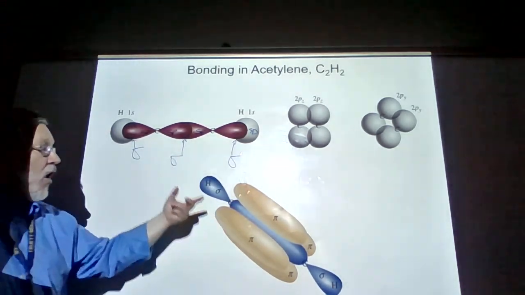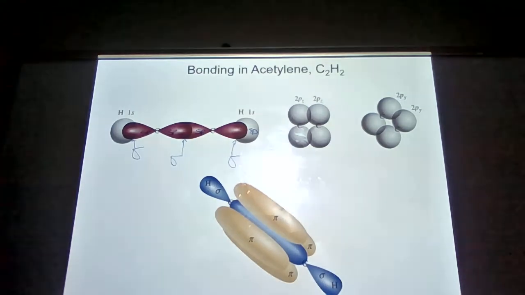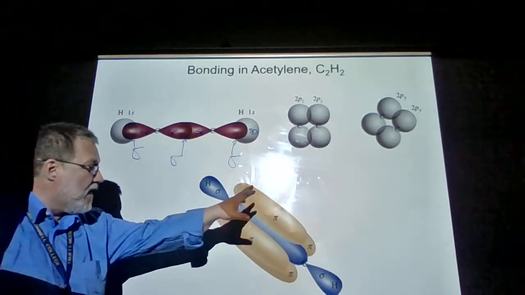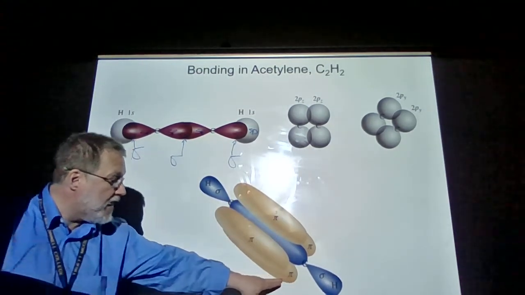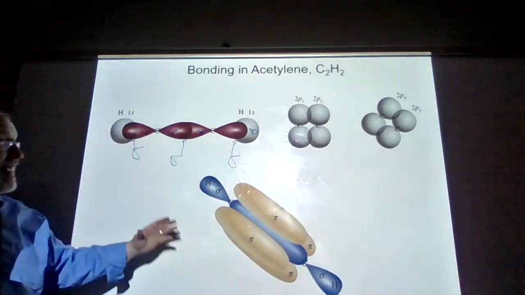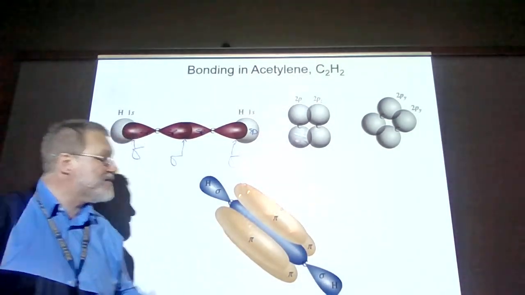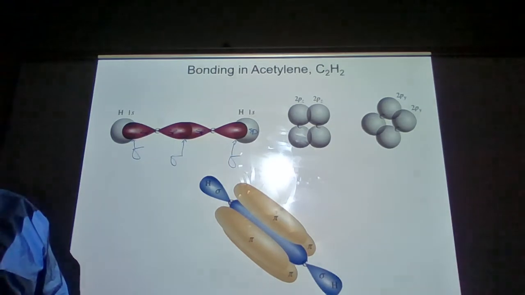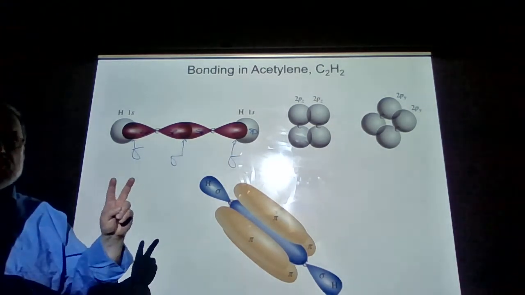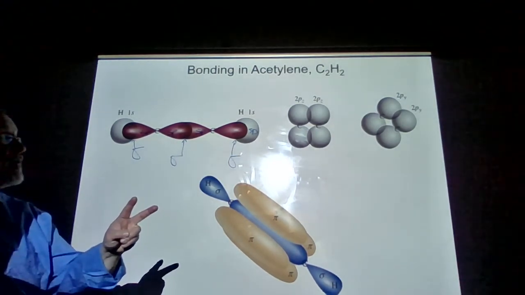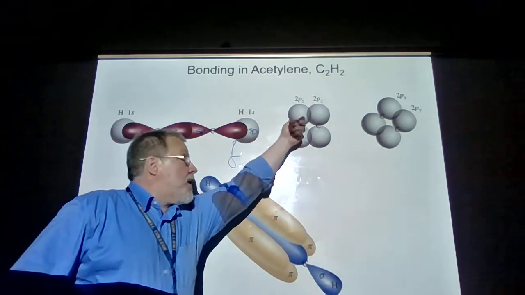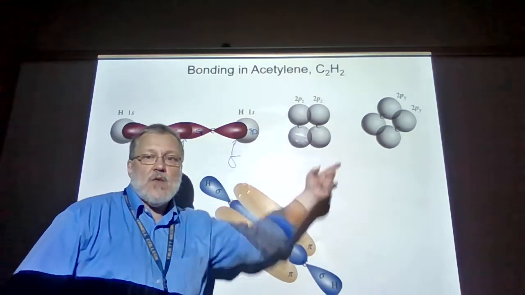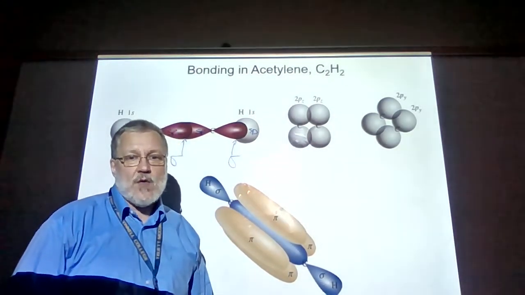When we bring in all the remaining unhybridized orbitals that exist above and below and in front and back, we can see that they have this side-to-side overlap, such that we have 2 pi bonds: 1 pi bond between the pz orbitals and 1 pi bond between the py orbitals.